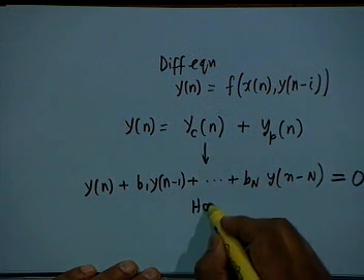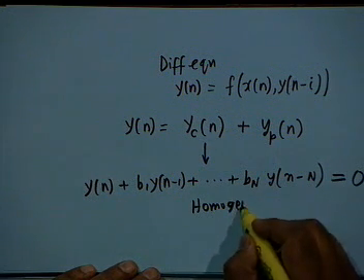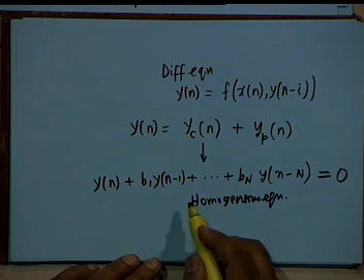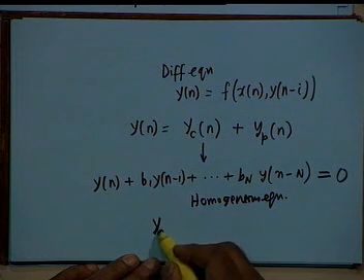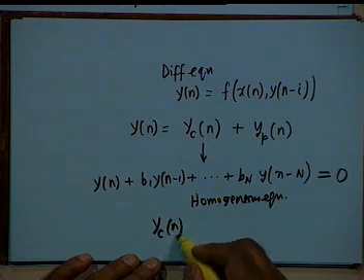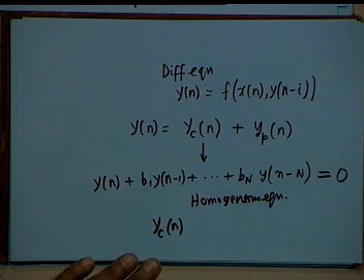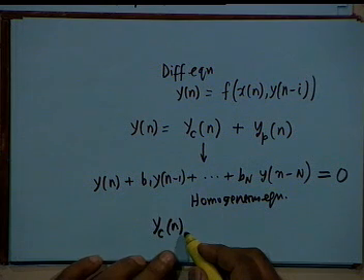This is the homogeneous equation. And the solution to this equation we shall call this y sub c of n. The name for it is the complementary function, exactly like linear differential equations.